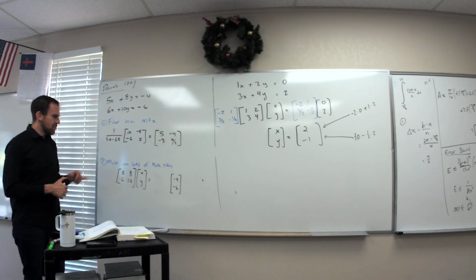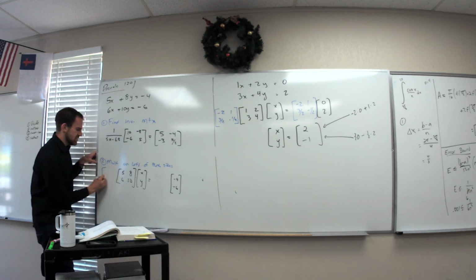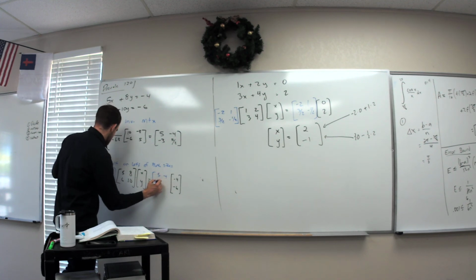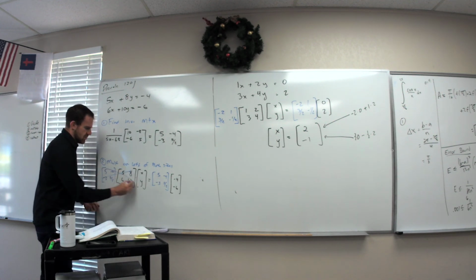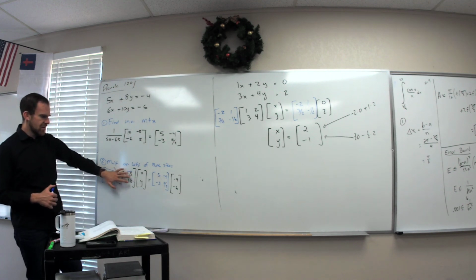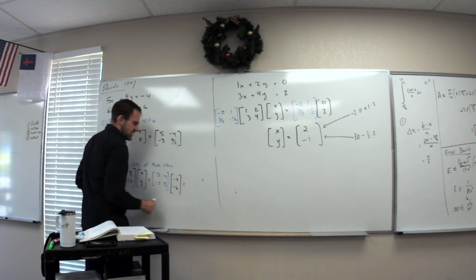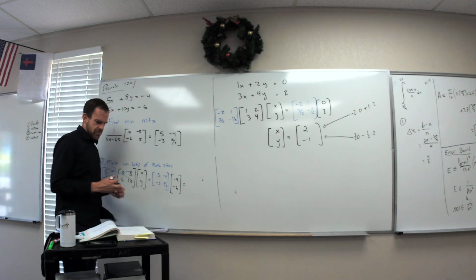Okay, so then I multiply on the left of these by my inverse matrix. Okay, these will cancel because it's the inverse times the original. So you get the identity. So if you multiply this out, you get your answer. How do you multiply this out? It's the row times the column.